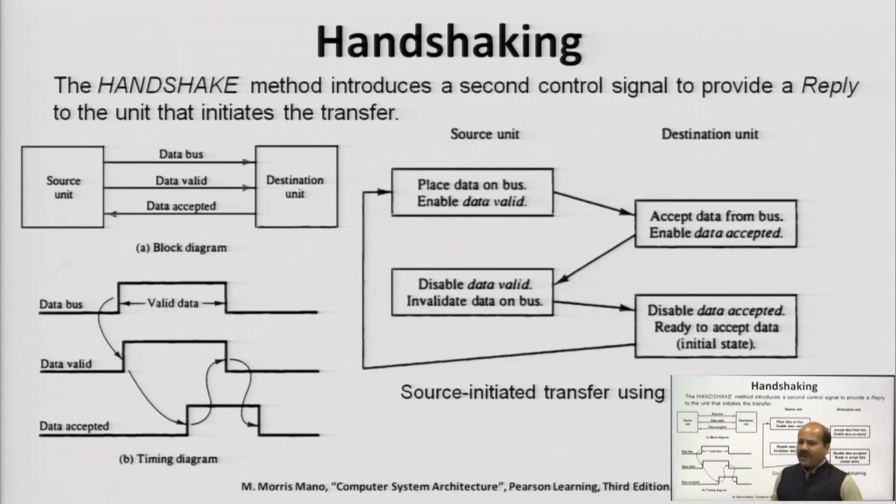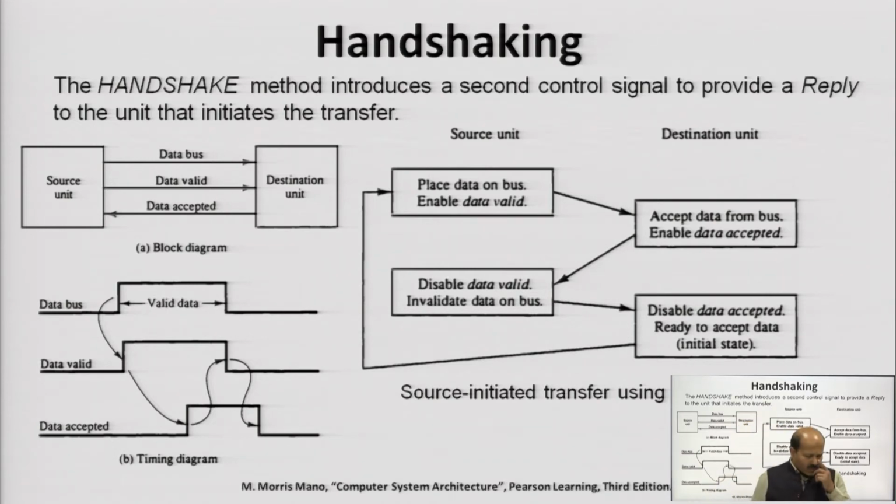Now, the next methodology is the handshaking methodology or handshaking protocol. In this particular case both the units are properly informed. So, that is why this is a two control signal methodology. In this case both the devices are properly informed. Two control signals are issued either in case of source initiated or destination initiated.